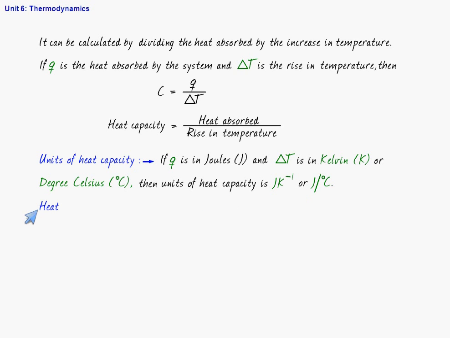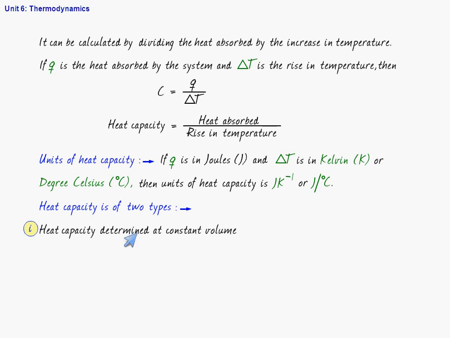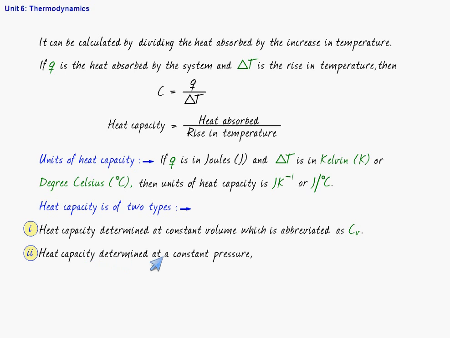Number one, heat capacity determined at constant volume, which is abbreviated as CV. Number 2, heat capacity determined at a constant pressure, abbreviated as CP.